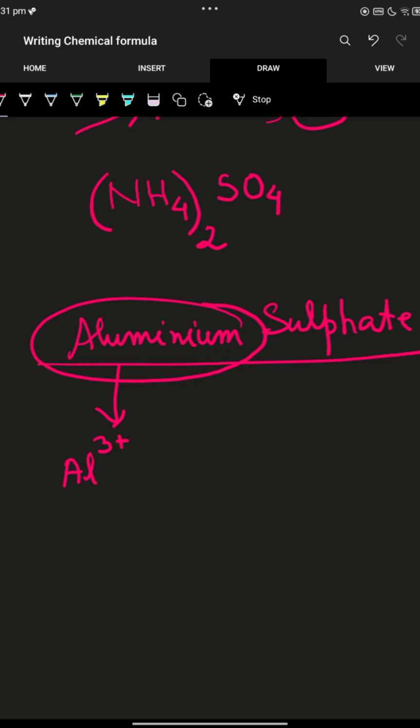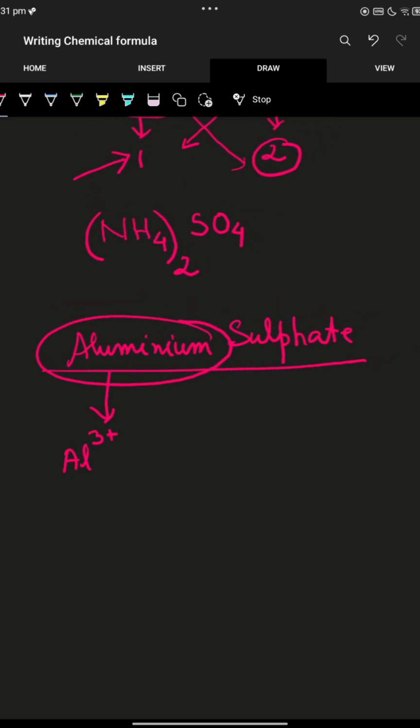You will say, ma'am, how do we know? This you have to know with practice only. Sulfate is SO4, 2 minus is the charge. I told you whatever is the value in the charge is the valency. Valency of aluminium 3, valency of sulfate 2.